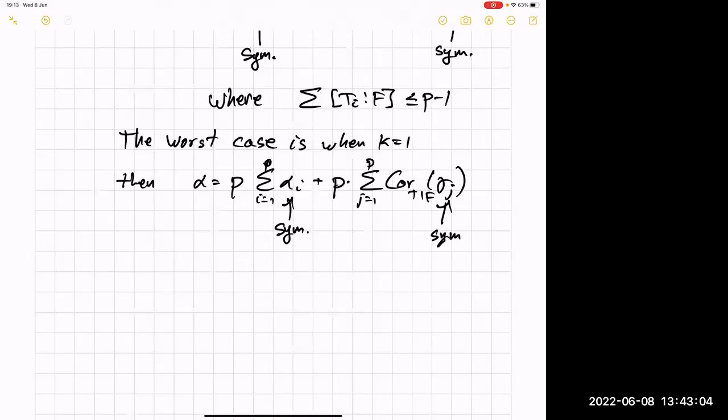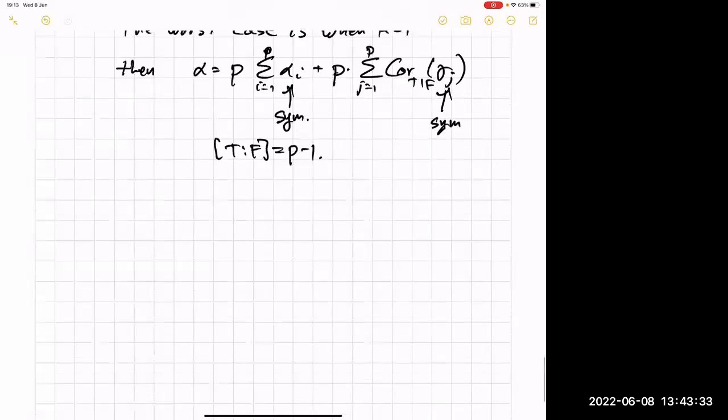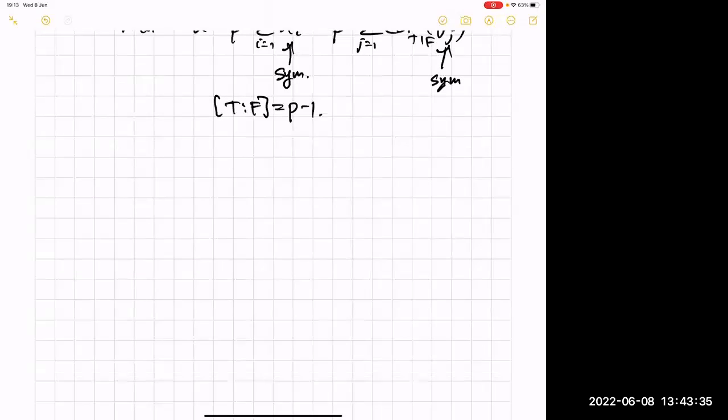And the dimension of T over F is exactly p minus 1. So it turns out that taking co-restriction is a very expensive operation in terms of symbol length, at least from what I can compute. It's by no means optimal, it's just an initial computation. I already have some new ideas as to how to do it with fewer symbols.